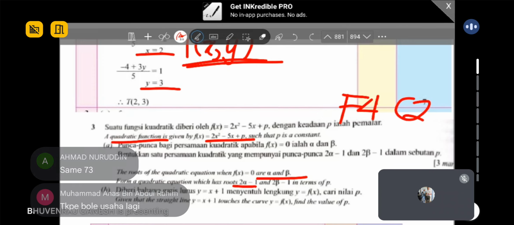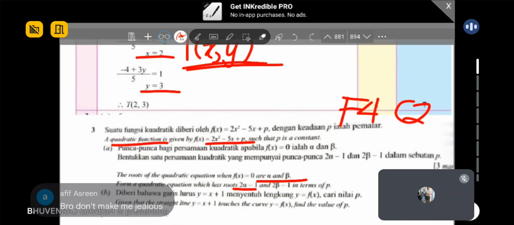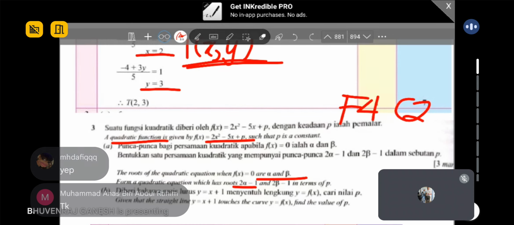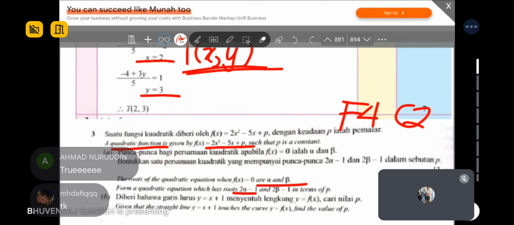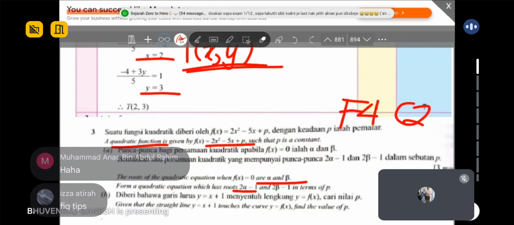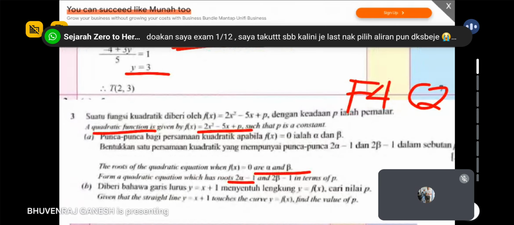Wanting 100, don't, guys, 80 is enough. Don't worry. Guys, in SPM you will never know if you got 100. Am I right? Do you know if you got 100 in Add Math? You don't know, right? Do you know, Afiq? I want to know. How do you know that? You just look at your grade, right, guys? So it's still the same. Later you all share tips.